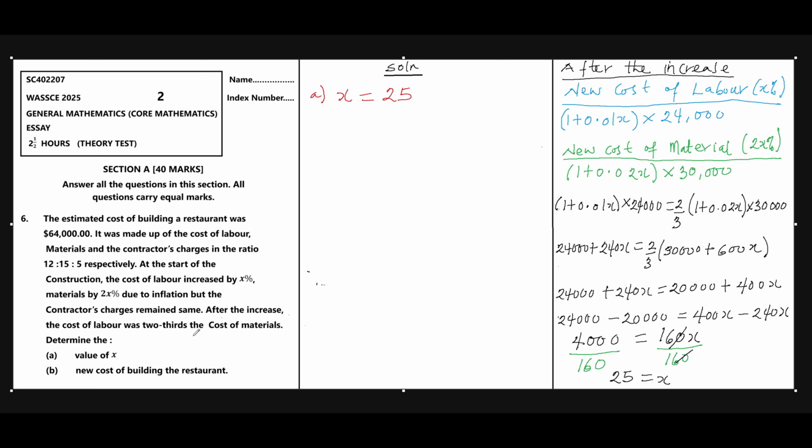Now B, we want the new cost of building the restaurant. The new cost of building the restaurant will be the sum of the new cost of the 3 different quantities after the increase. Let's begin with the new cost of labor.